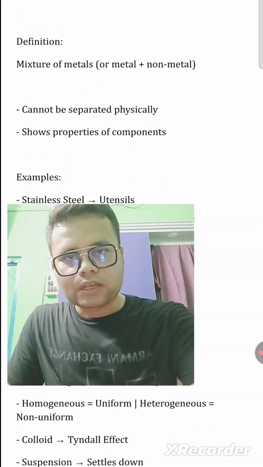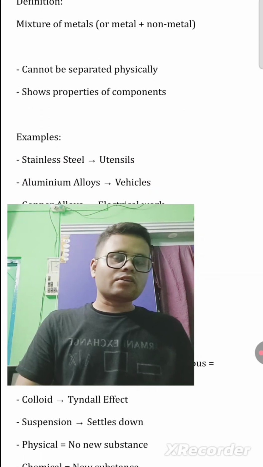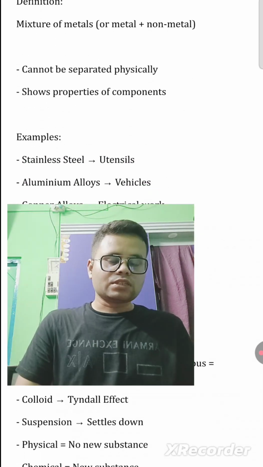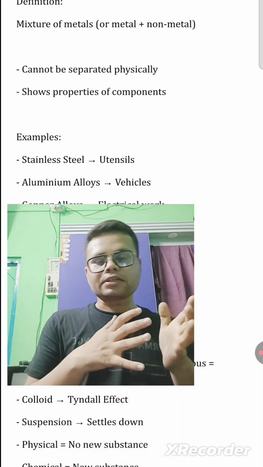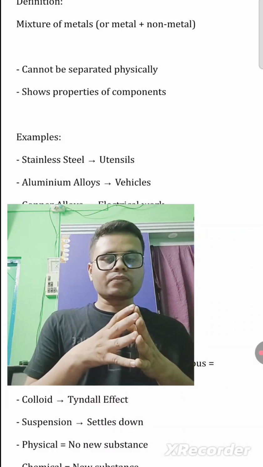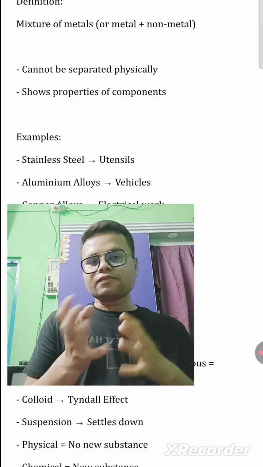Next, alloys. What is the definition of an alloy, class? A mixture of metals, or metal and non-metal, that cannot be separated physically.